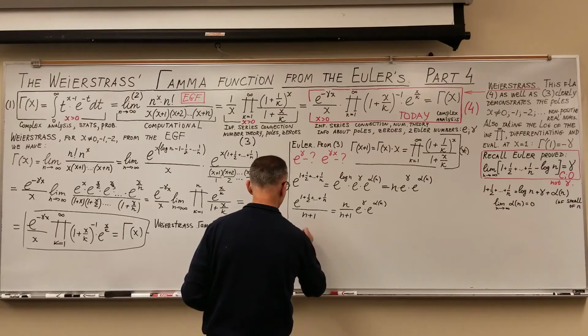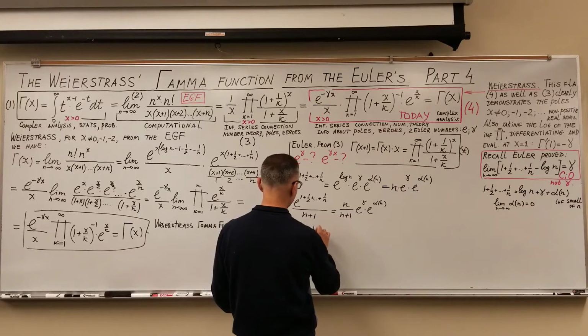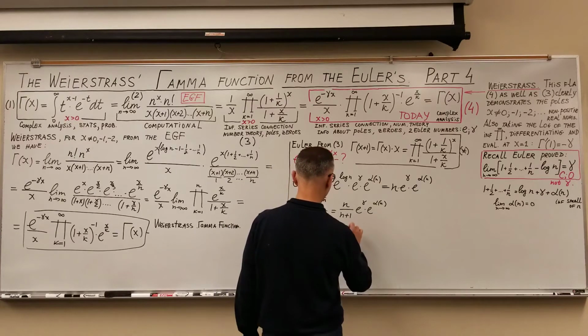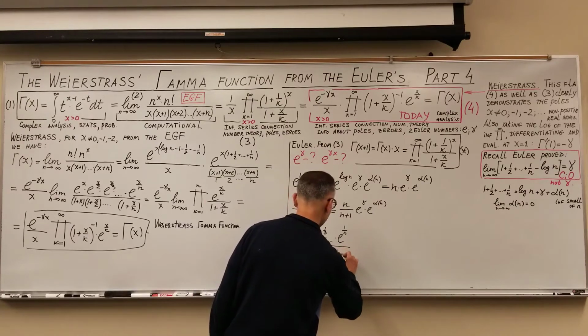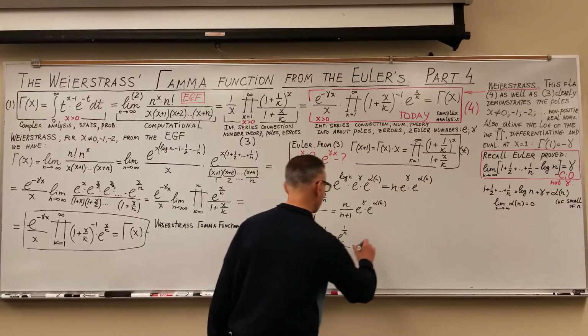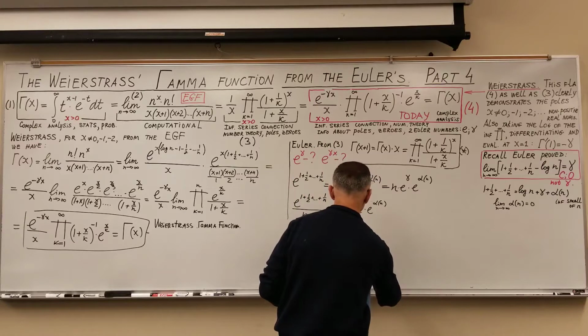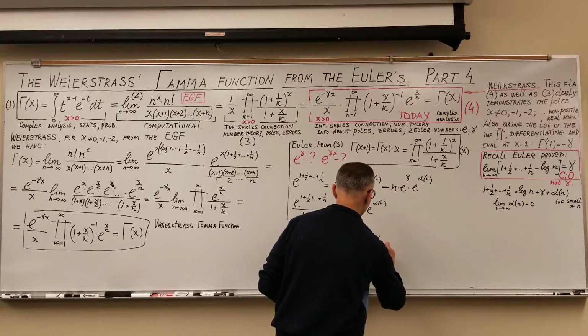It's equal to e to the power of 1 multiplied by e to the power 1/2, e to the power 1/3, and so on, e to the power 1 over n, and I divide it by n plus 1, and it's equal to n over n plus 1, e^gamma, e^alpha of n.